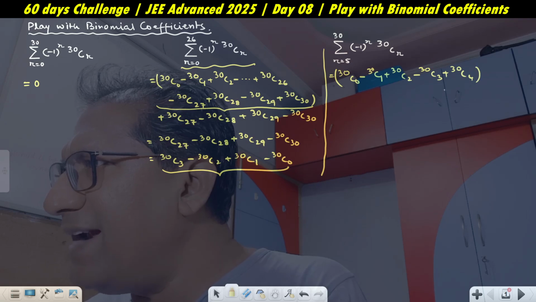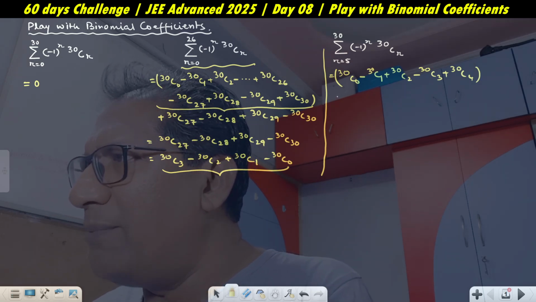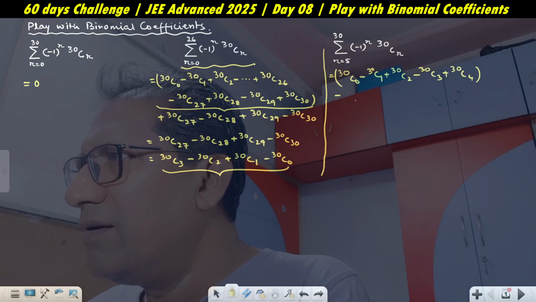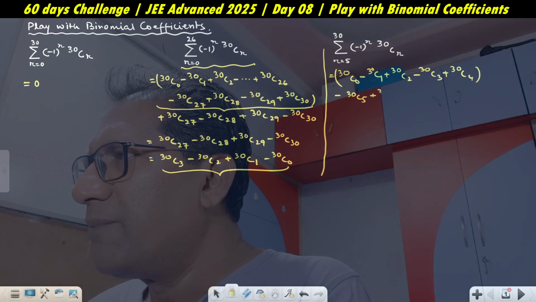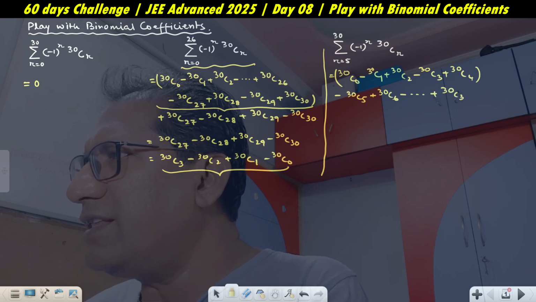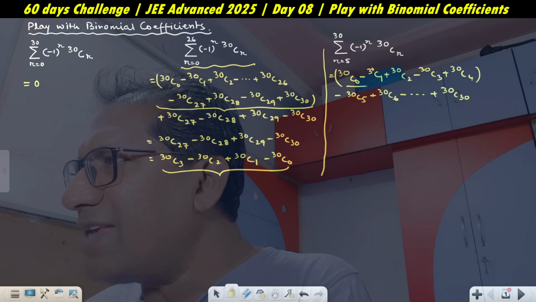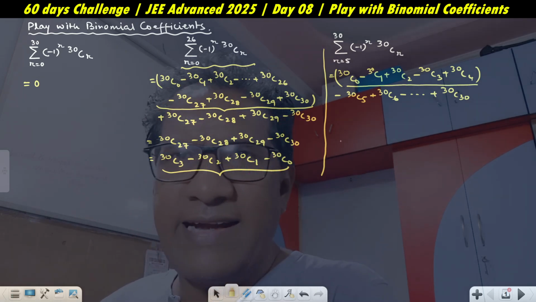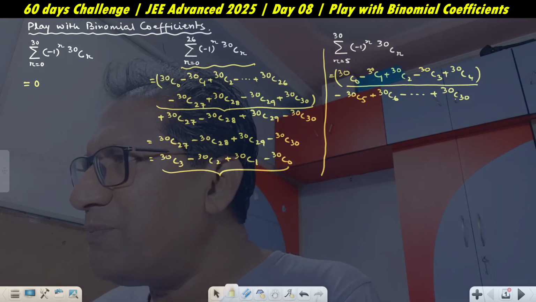So I have added these terms, and now I am writing the whole series minus 30C5 plus 30C6, and this goes on till 30C30. So these are the terms that I have added, so I have to subtract that.